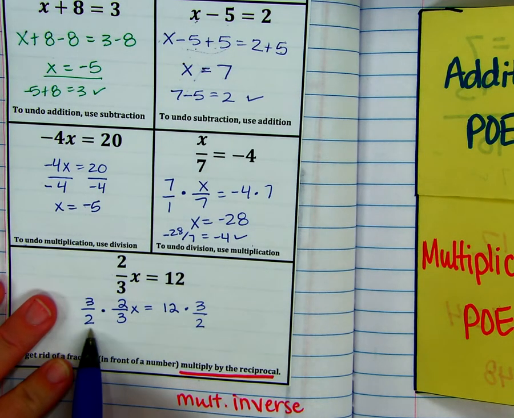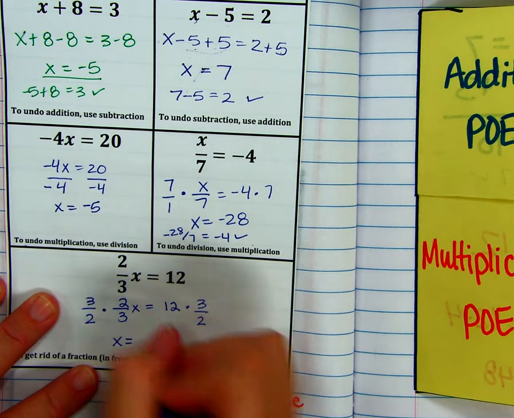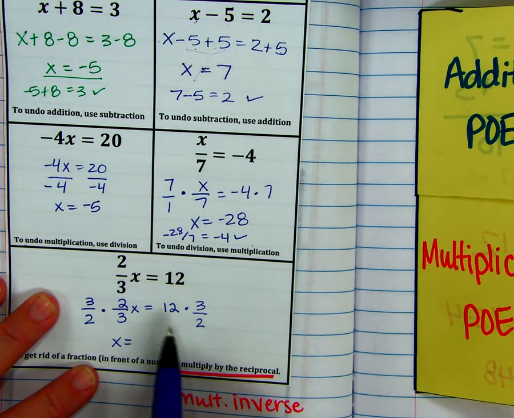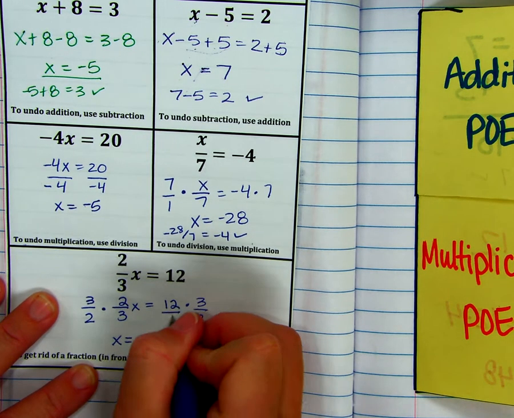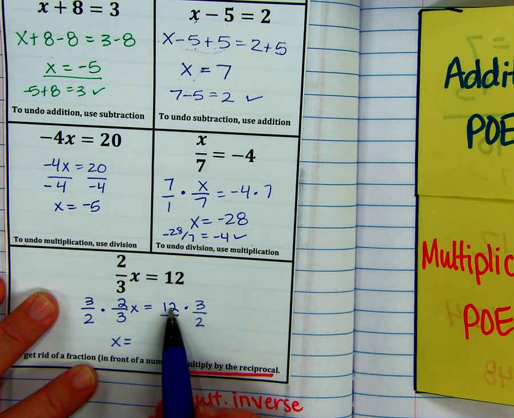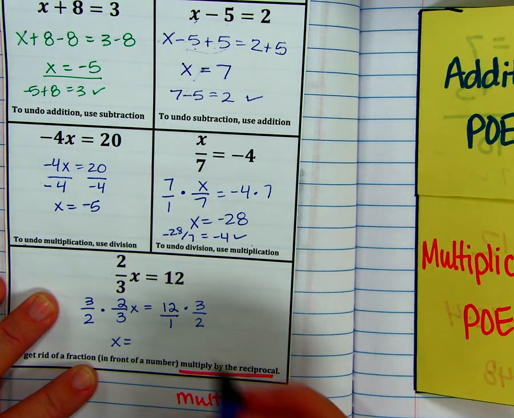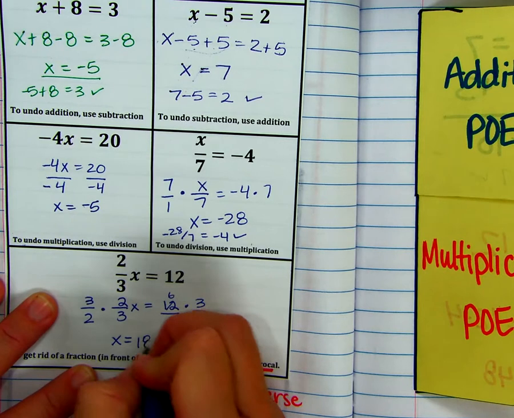Now I know from the multiplicative inverse this is 1. This isolates my variable x. Now I take 12 times 3 divided by 2, or I'm just going to quick simplify. I remember that 12 is also a fraction. I know that 2 goes into 12 6 times. 6 times 3 is 18.